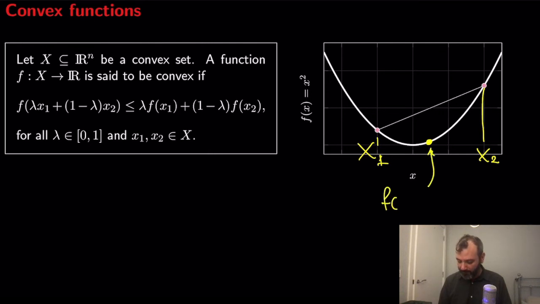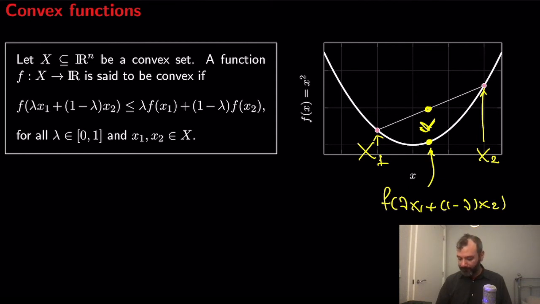This is f of lambda x1 plus 1 minus lambda x2. This is less than or equal to this point up here, the point on the line that connects x1 and x2.